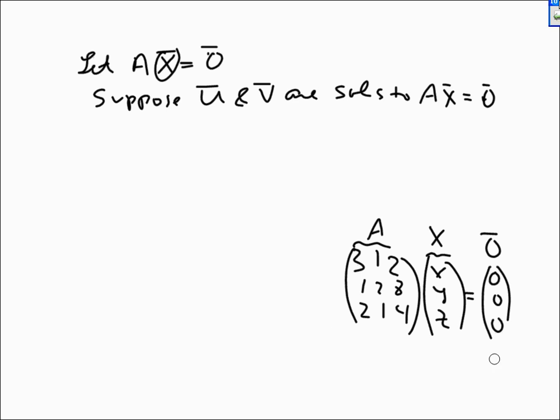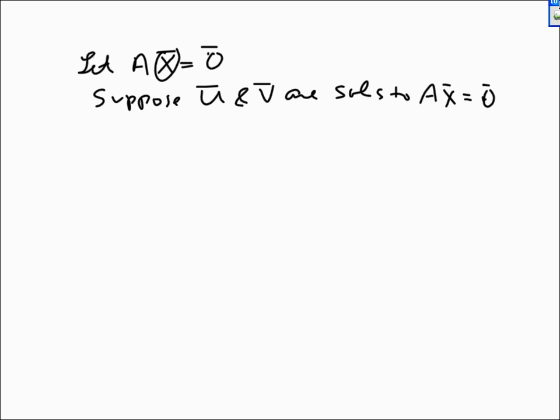If you have two solutions, the sum is going to be a solution. Because unlike most other numbers, 5 plus 5 is not 5, and negative 3 plus negative 3 is not negative 3. But you know what? 0 plus 0 is 0.